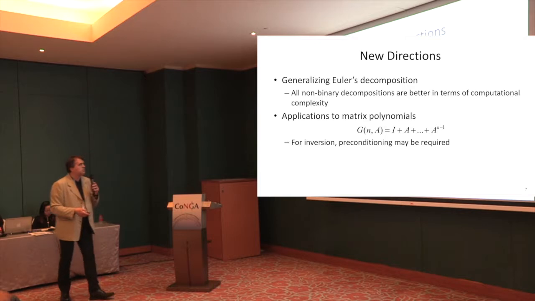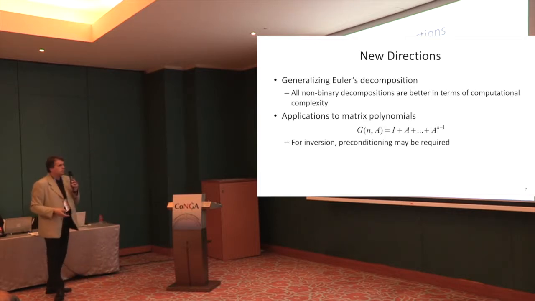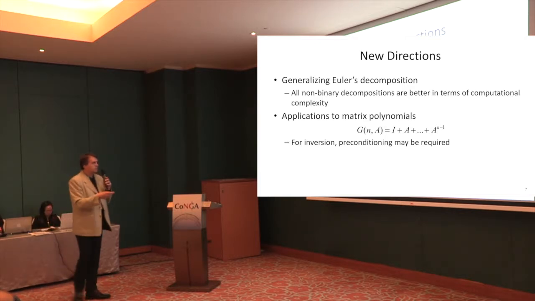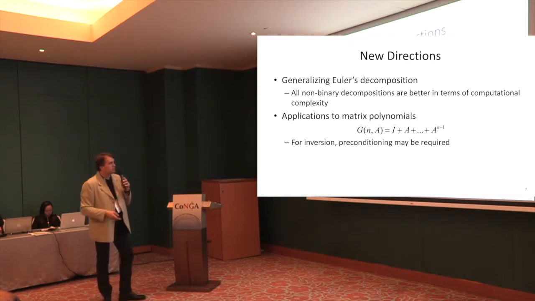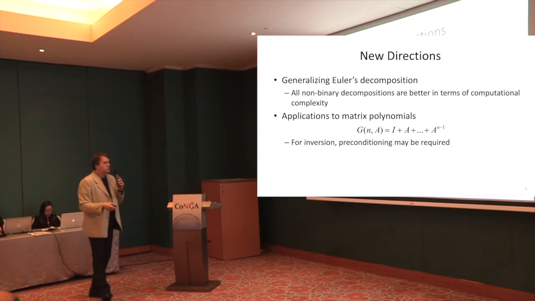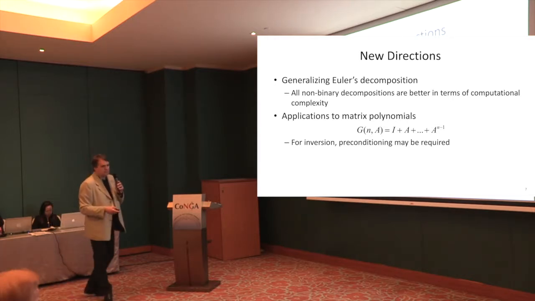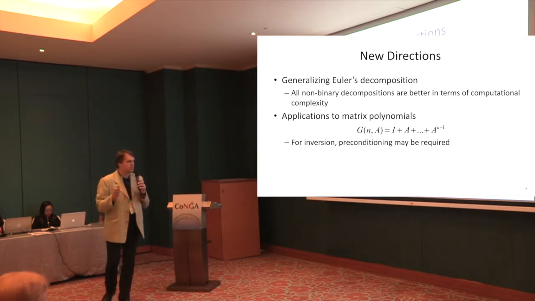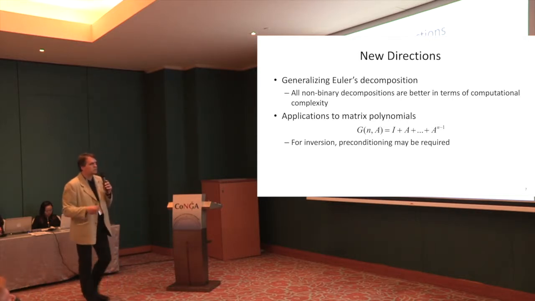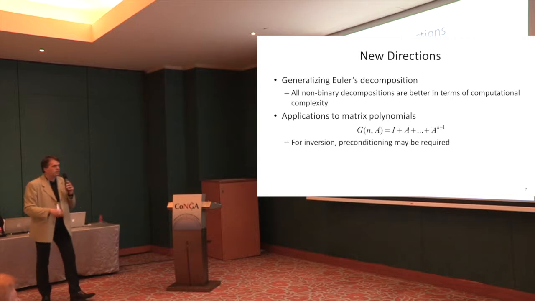Okay, so we will see how to generalize Euler decomposition, and we will see several non-trivial consequences of these findings in today's talk. We will see particularly applications to matrix polynomials. The evaluation of a matrix polynomial is fundamentally different a task in comparison to the evaluation of a classical polynomial.